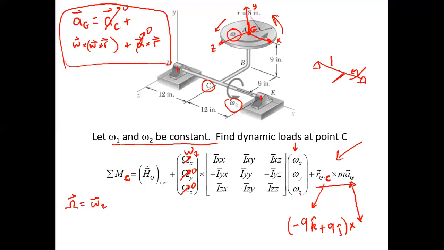Let me see, I don't think the z is the omega 1. Which direction is that in? Yeah, I agree with you there. So this is now going to be omega 1. Do I have any omega about the z direction? Nope, so that's going to be a 0, and the omega x is going to be omega 2. Is that all right so far?